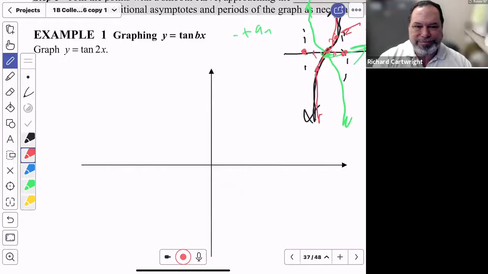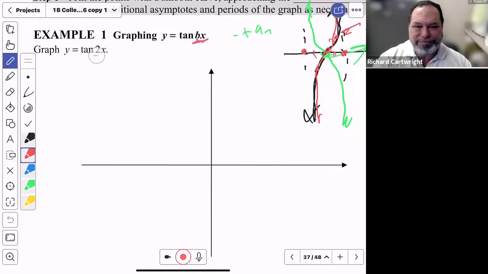All right, we're going to graph y equals tangent of bx. So the only transformation it has is not a phase shift. It doesn't move left or right. It doesn't move up or down. It changes your period.